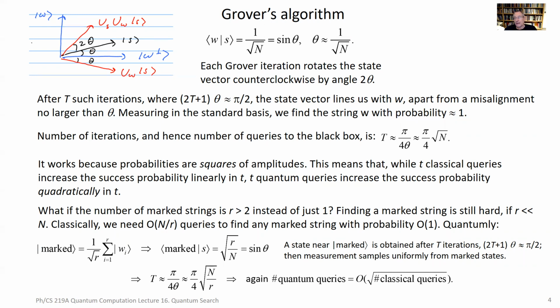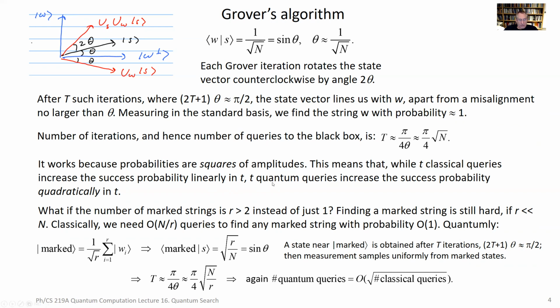Once we get up to nearly vertical, one or the other orientation is going to have an overlap between our vector and W which is no larger than theta. So with a small error, which is negligible if capital N is very large, when we measure we can find the marked string with probability very close to 1.